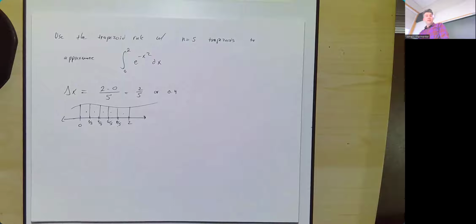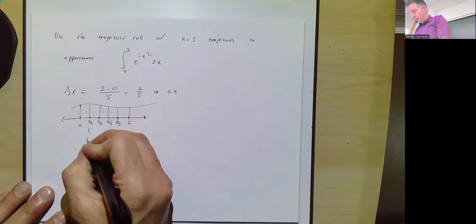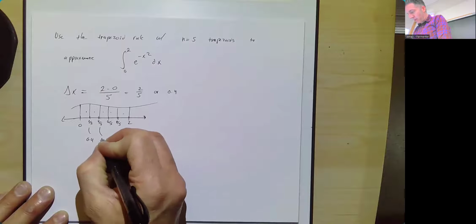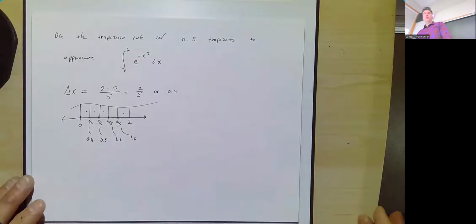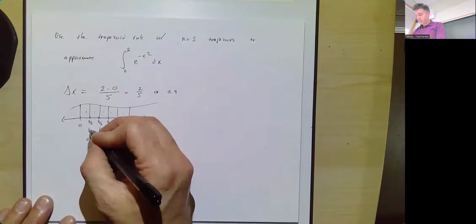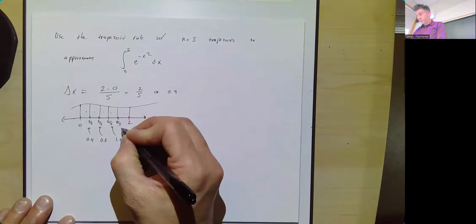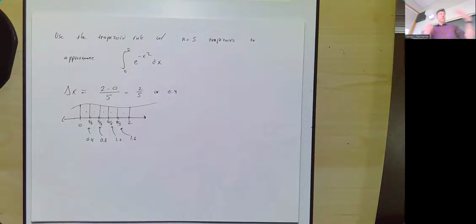And again, if you prefer decimals, they're totally fine. We could have said 0.4, 0.8, 1.2, 1.6, and 2. That would also work just fine. We're just going to throw the formula at it.